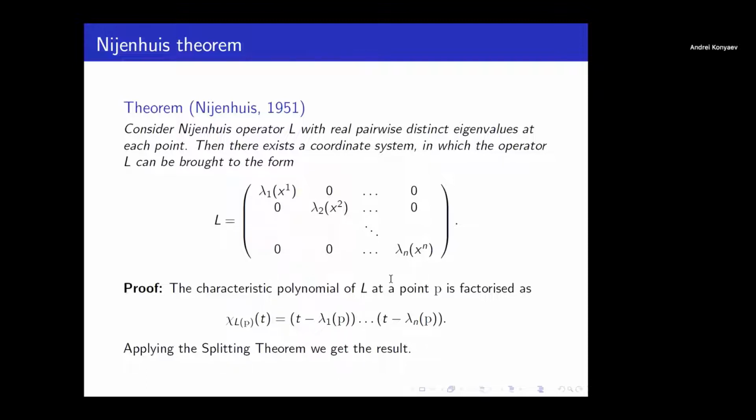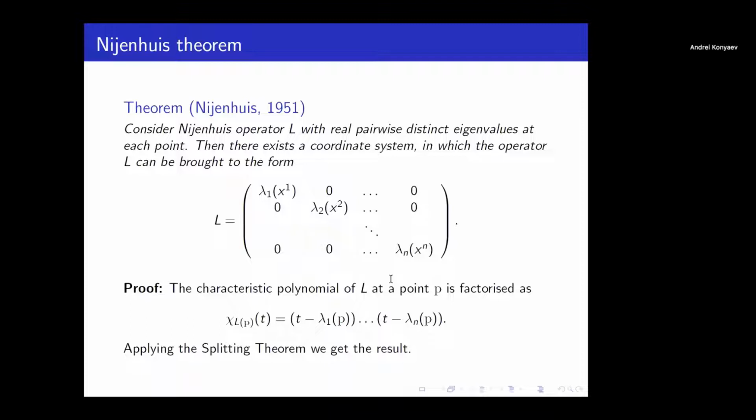We start with a basic result, which is well known to everybody. It's common knowledge in differential geometry. It sounds like this. If you have a Nijenhuis operator, meaning that the Nijenhuis torsion vanishes, with real pairwise distinct eigenvalues, meaning the eigenvalues are distinct, and from the point of view of linear algebra you have what's called a simple spectrum, then there exists a coordinate system in which the operator can be brought into the following form.